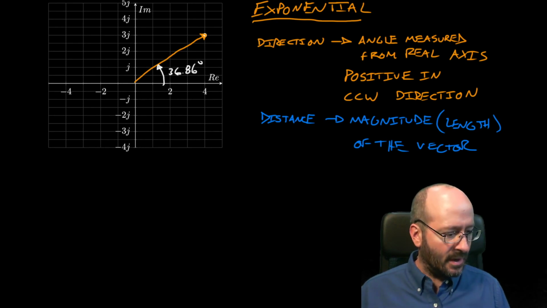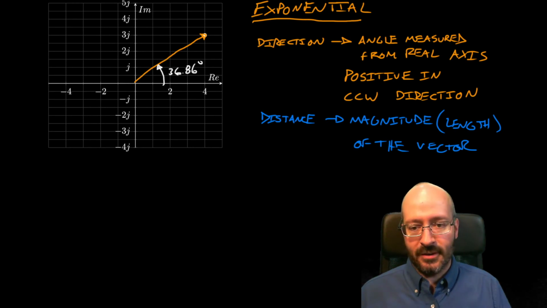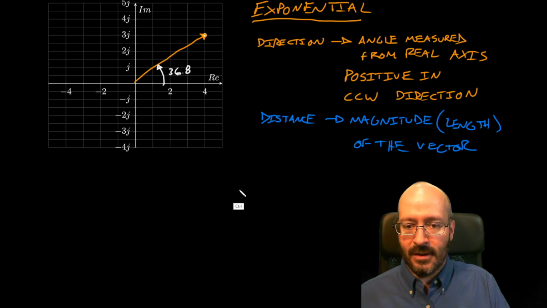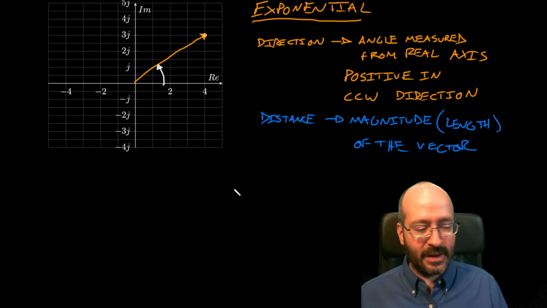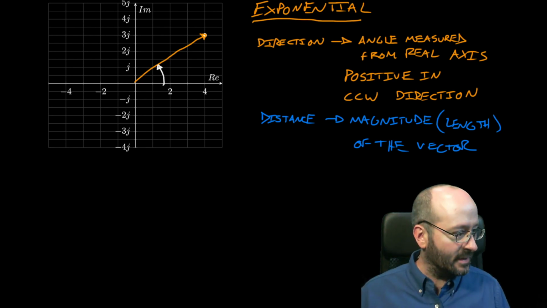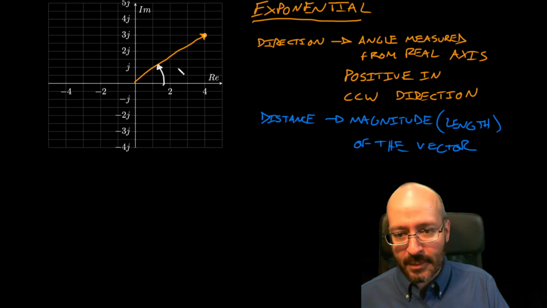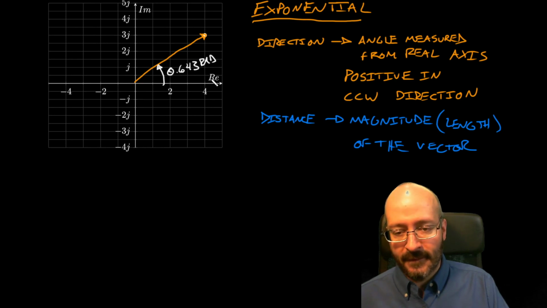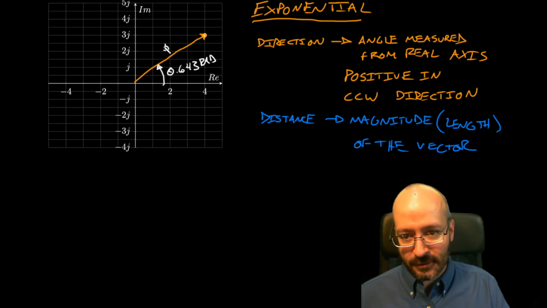And he chose to measure his angle in radians. So instead of 36.86 degrees, let's figure out what that is in radians. Same angle, but it's 0.643 radians. And the distance here is still 5.